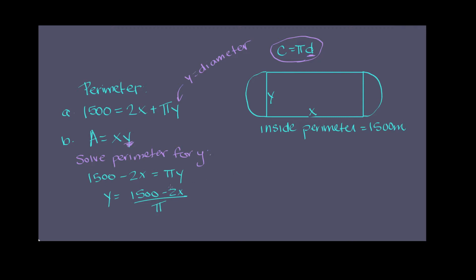And as we know from our previous experience, we're going to substitute this in here so that we can have an area formula as a function of x: x times (1,500 minus 2x) over pi. It's not as pretty as some of the other ones that we've looked at because you are dealing with pi's with these circular regions, but it's completely fine to just leave this expression like this.